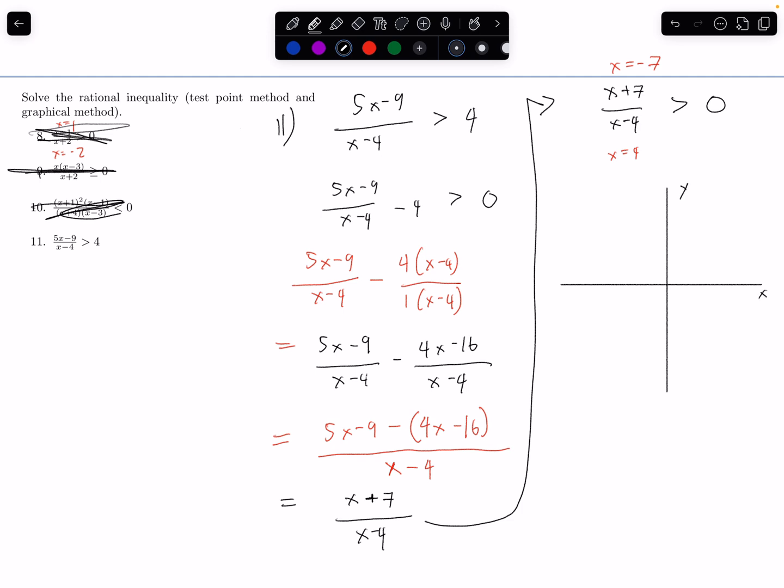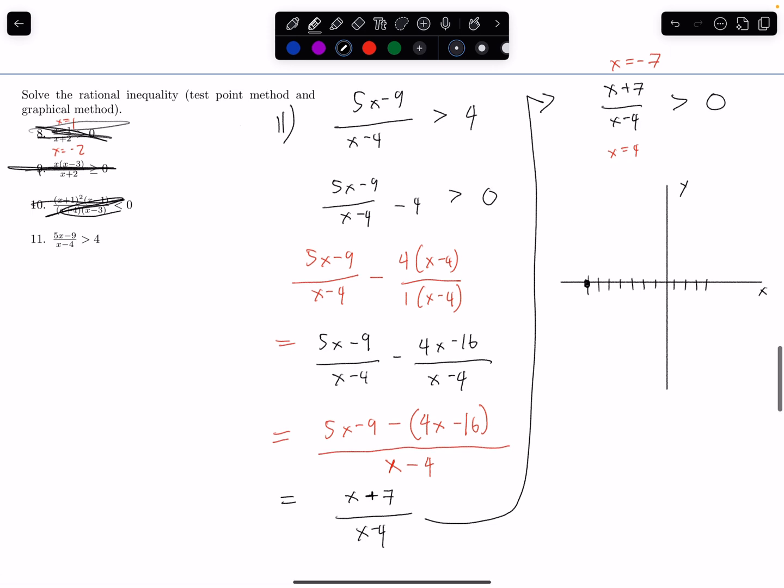Here's x, here's y. Negative 1, 2, 3, 4, 5, 6, 7 is a 0. And x equal to 1, 2, 3, 4 is an asymptote. So my asymptote looks like this, x equals positive 4. This is basically a 1 over x type graph, but shifted.